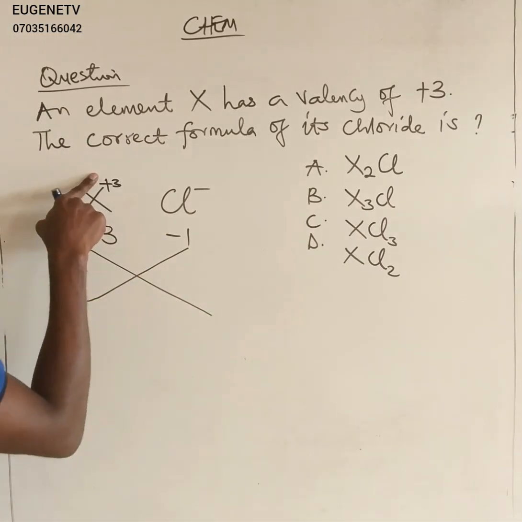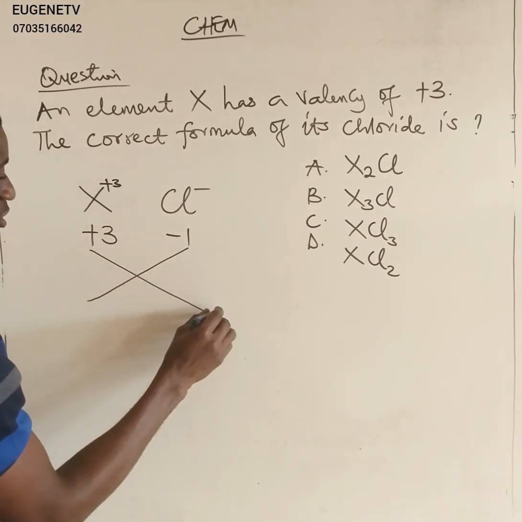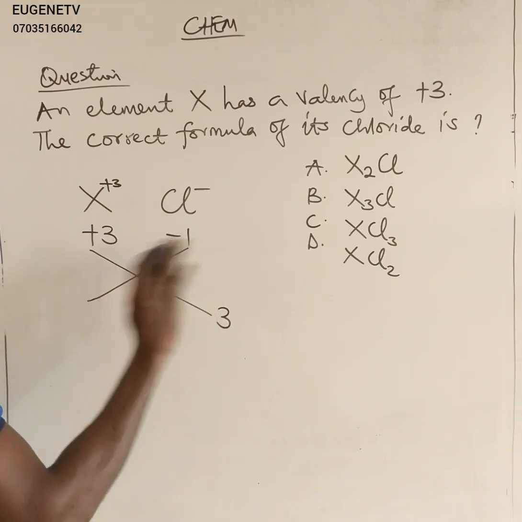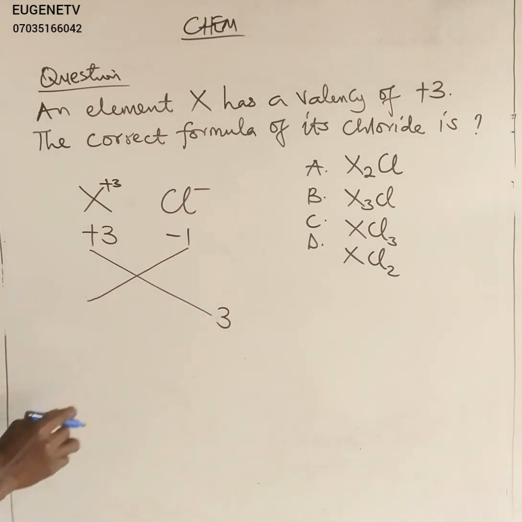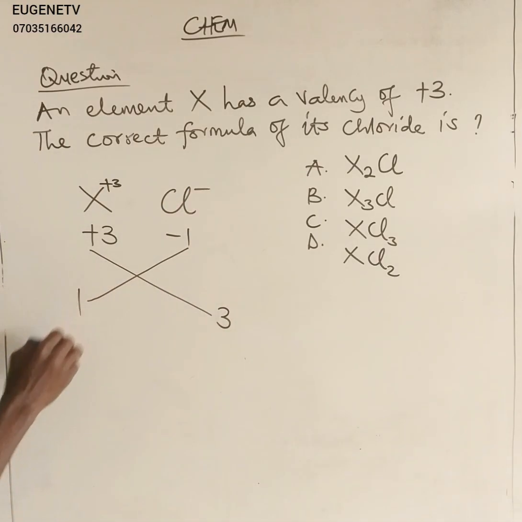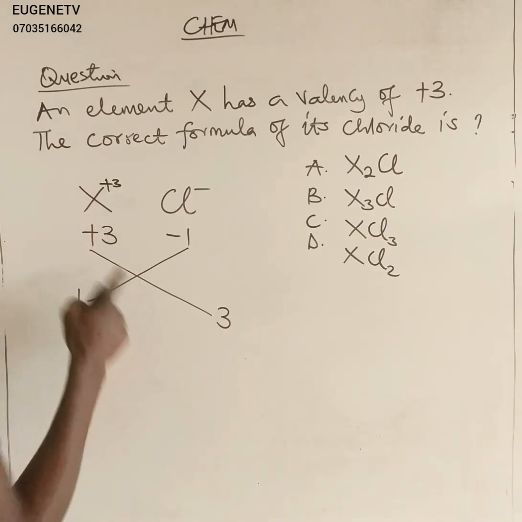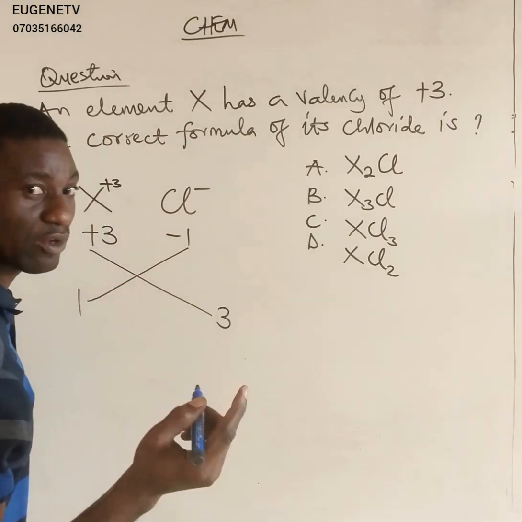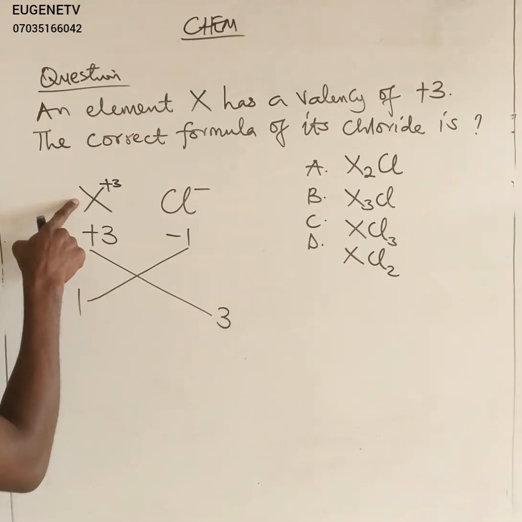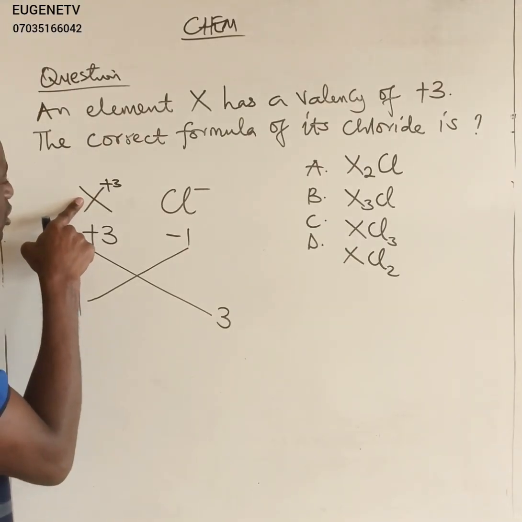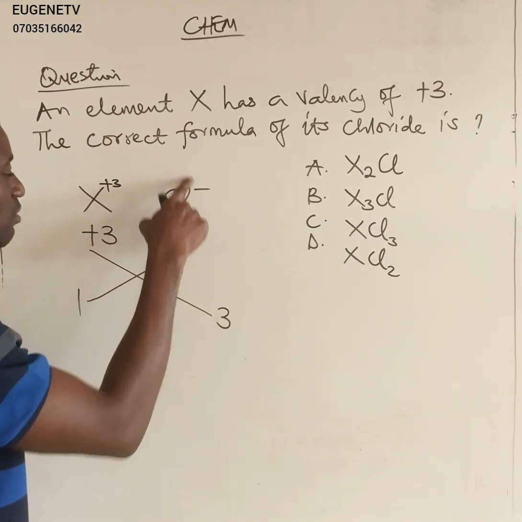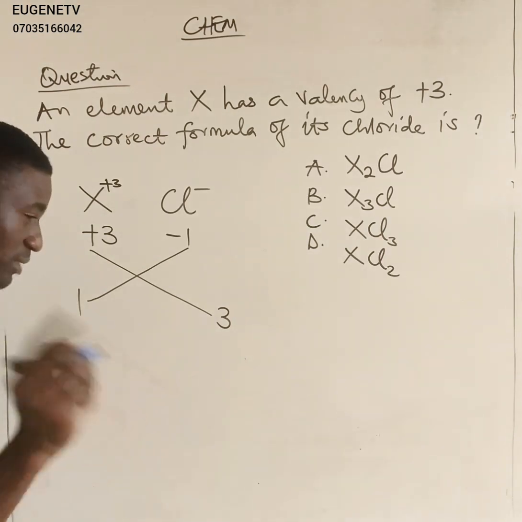The valency of X is +3, so let us just say 3, ignoring the sign, while the valency of chlorine is -1, so let us just say 1. So this simply means that for these two elements to combine to form a chloride, we will require one X atom to combine with 3 chlorine atoms. Let me say that again.